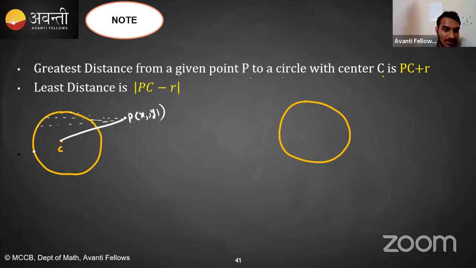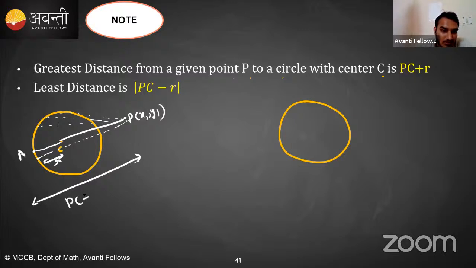Let's say point A. This point will give you the maximum distance. Otherwise, if you go ahead, the distance will decrease, right? Yes or no? Are you able to understand this? So this distance is nothing but, this is radius r and this is PC. So PC plus r. Clear?